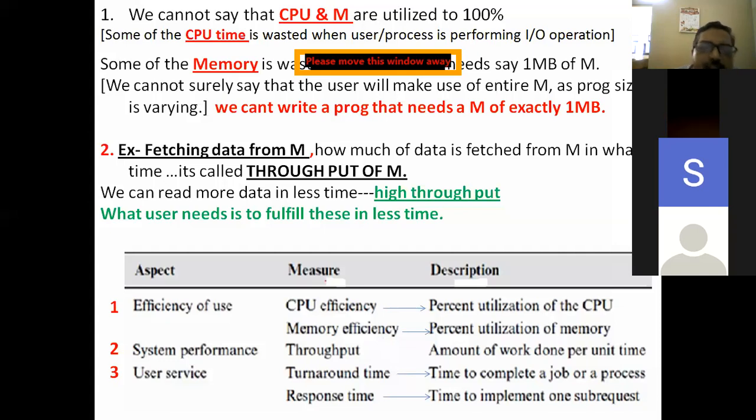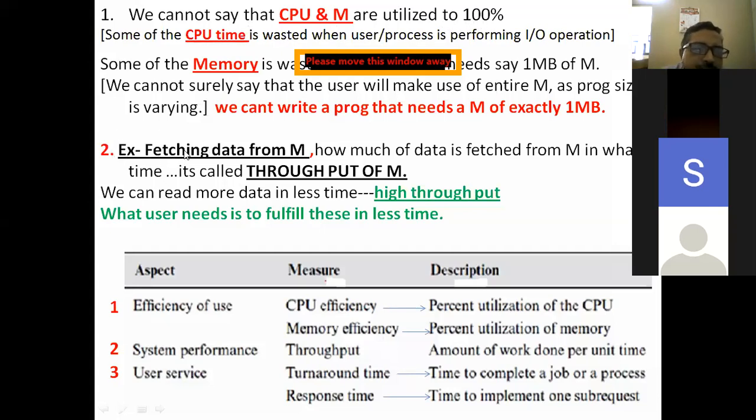Hence, we cannot say that memory will be utilized to 100%. Obviously, we have some wastage of memory. Likewise, we have some wastage of CPU time as well. Why? Because if any process is performing input-output operations, then the CPU will be kept idle. Hence, we cannot say that CPU and memory will always be utilized to 100%.